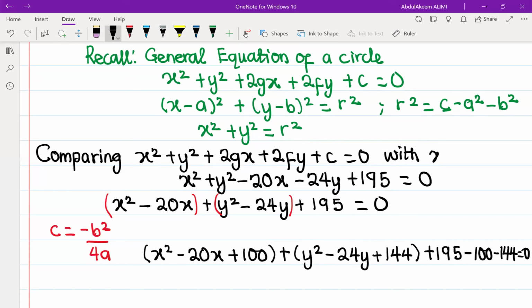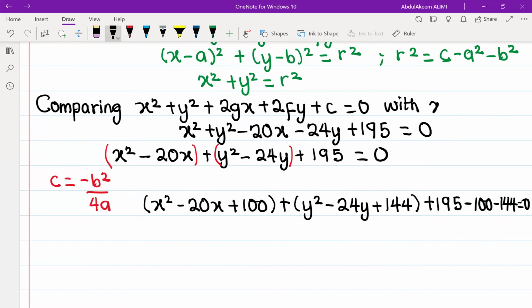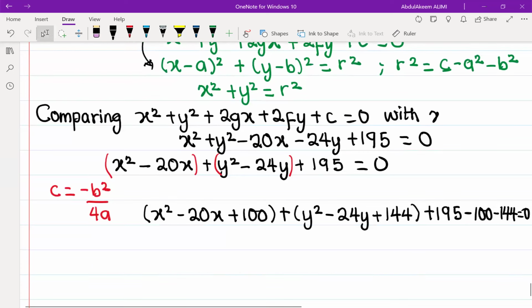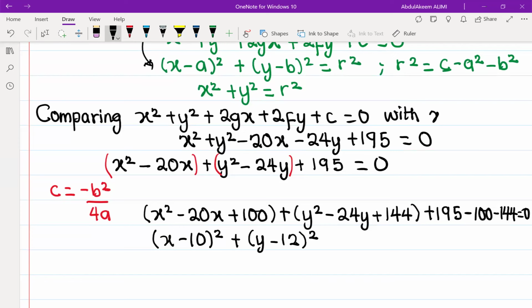So for us to solve this further now, we look at what we have here. I want you to get back to this form, from this form to this form here. If I factorize this, it will become (x minus 10) all squared, plus (y minus 12) all squared, plus 195 minus 100 minus 144. That should give us minus 49 equals 0.